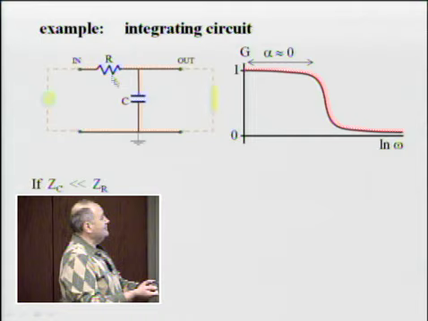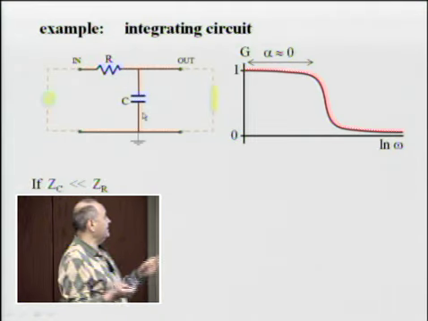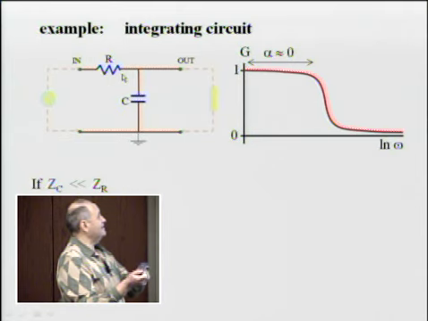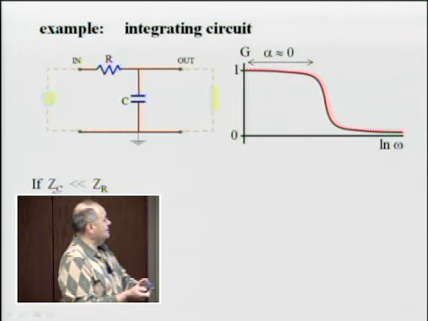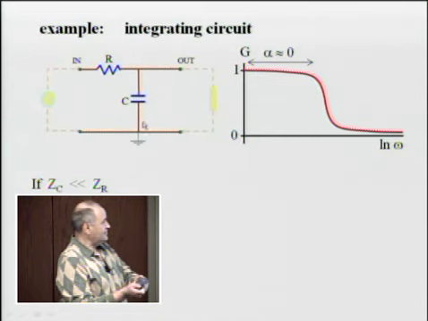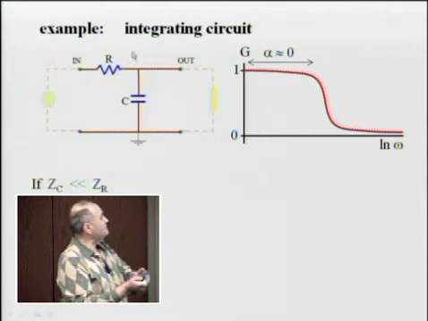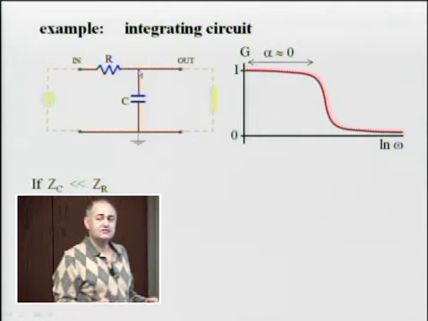So if a certain current flows over here, think for a moment in terms of complex current. If we have a certain complex current, and the impedance of the capacitor is much smaller than the impedance of the resistor, then how will the complex voltage across the capacitor be related to the complex voltage across the resistor?